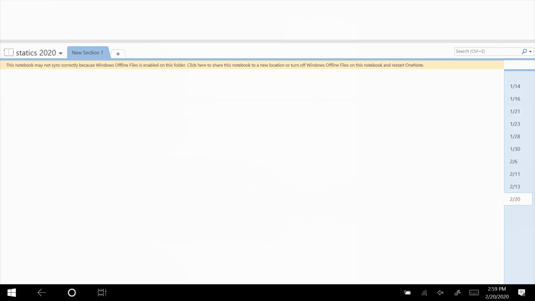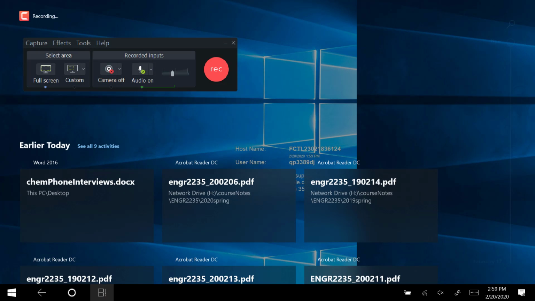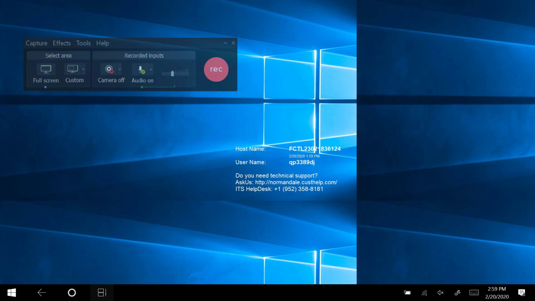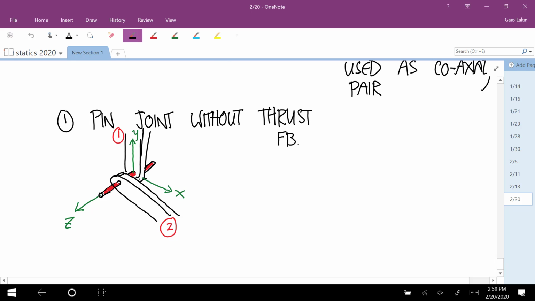It has a force component along the y-axis.